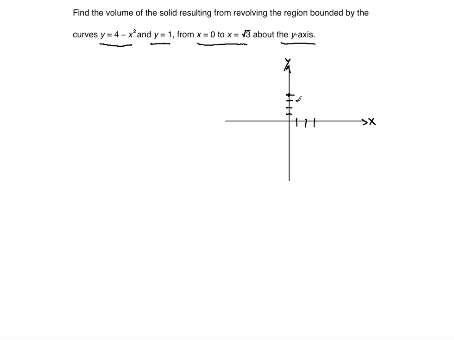When x is equal to 2, but we have to go less than 2, we have to check the square root of 3 in here. Square root of 3 squared is 3, so 4 minus 3 is 1. So at square root of 3, y is going to be 1 here.